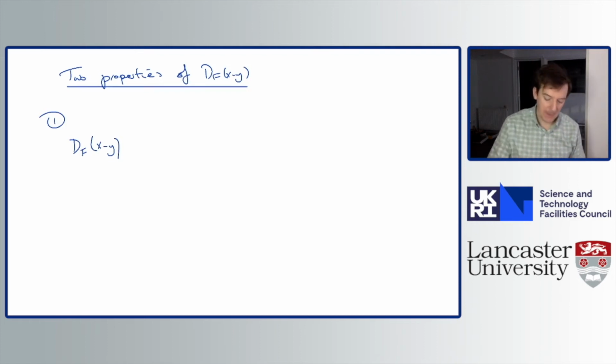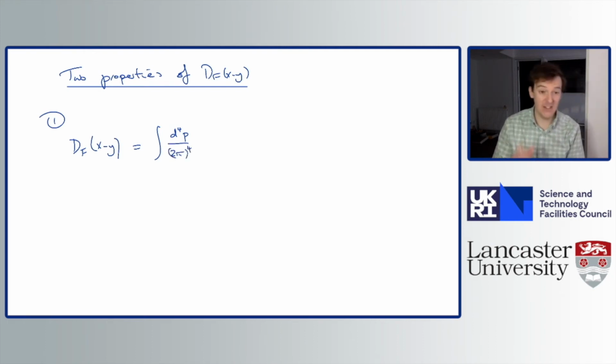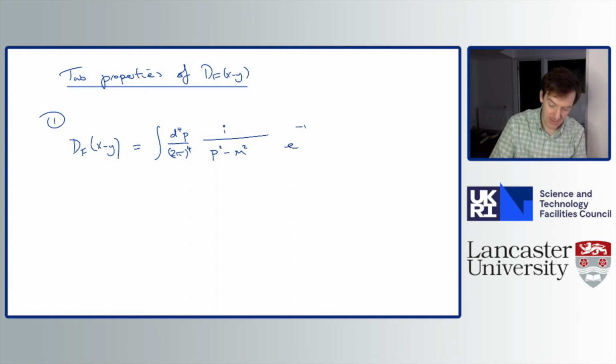We can use this time ordering symbol, but we can also write it as the integral d^4p over (2π)^4 of i over (p squared minus m squared), times e to the minus i p dot (x minus y).